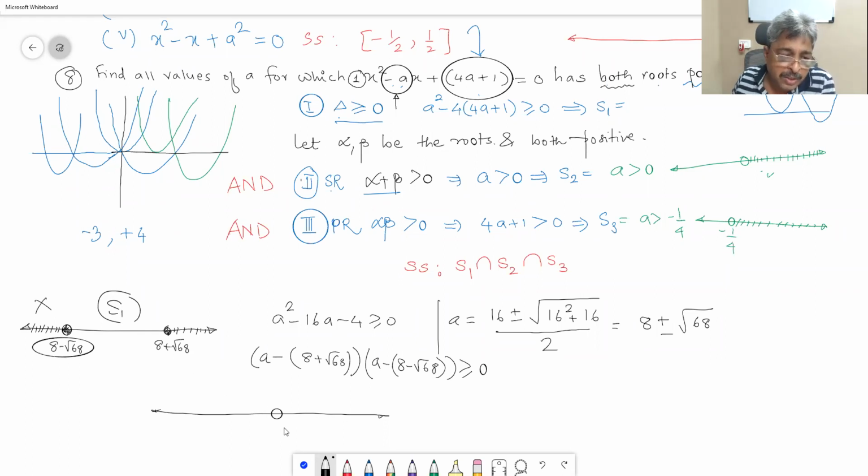So do you see that 8 plus root 68 is towards the right, then 0, then minus 1 by 4. The left hand side solution set we have to ignore because it is not common. S3 says go to the right from here, S2 says go to the right from here, and S1 says go to the right from here. Only difference is inclusive of this. Therefore, the final solution set is the closed interval 8 plus root 68 comma plus infinity.